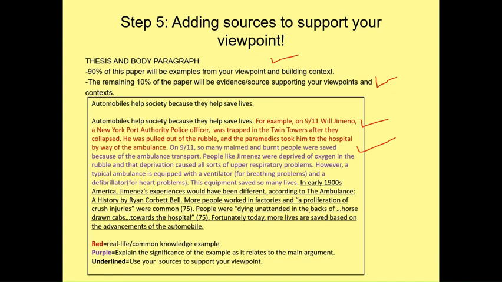People were dying unattended in the backs of horse-drawn cabs on the way towards the hospital. Fortunately, today more lives are saved based on the advancement of the automobile. So my source here helped me support all of what I was saying. So it goes back to that formula of 90% of this paper being from your viewpoint and only 10% being sources supporting what you have to say.